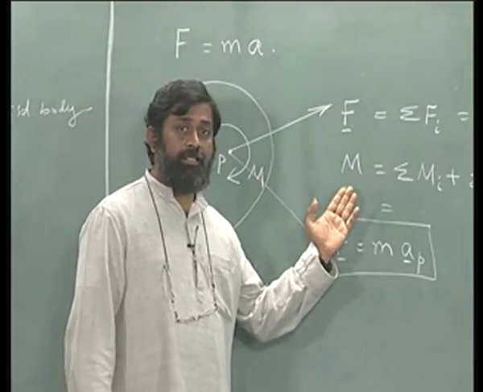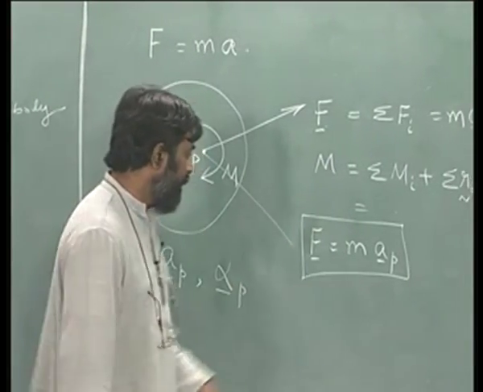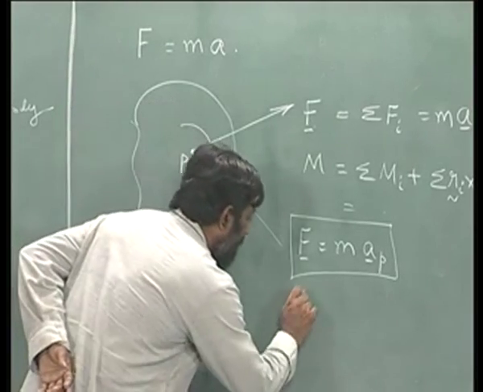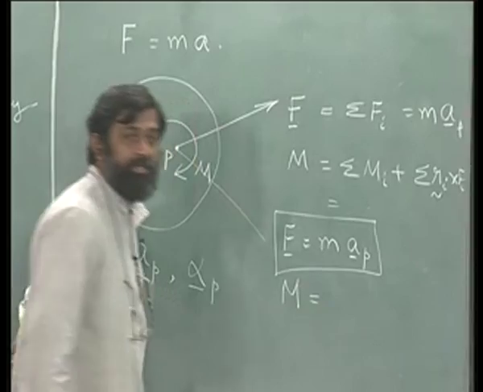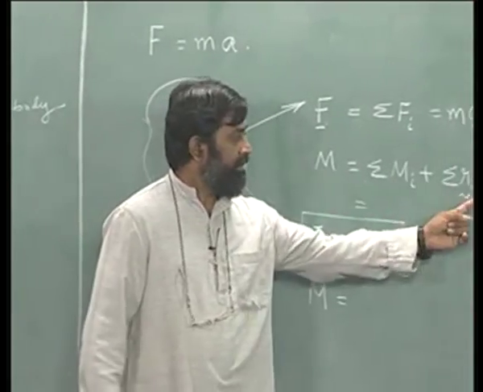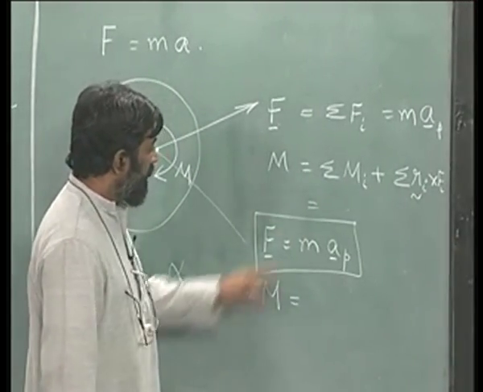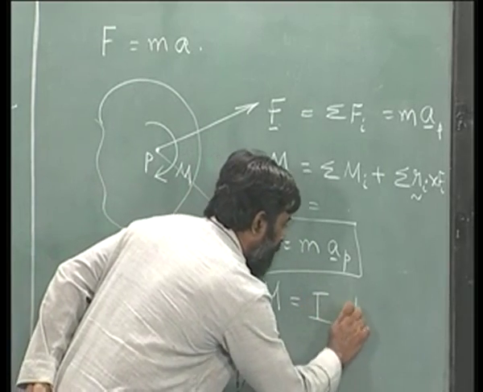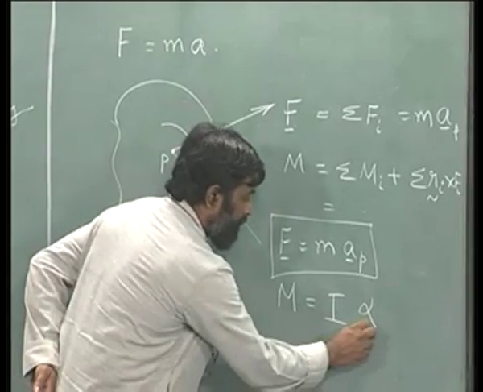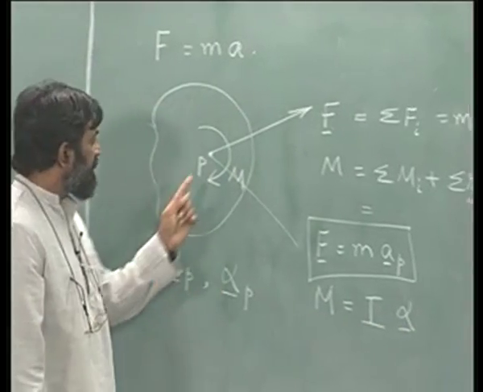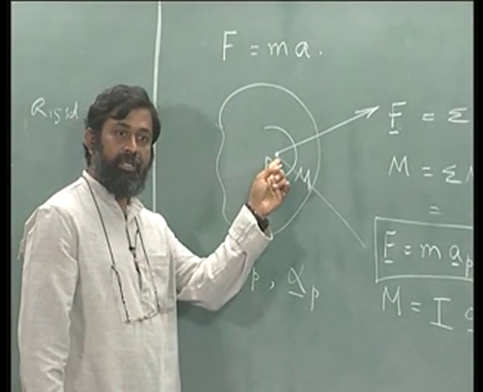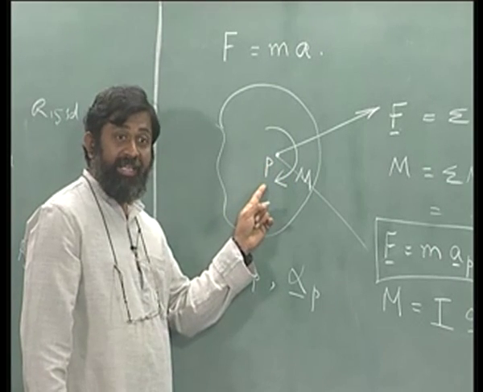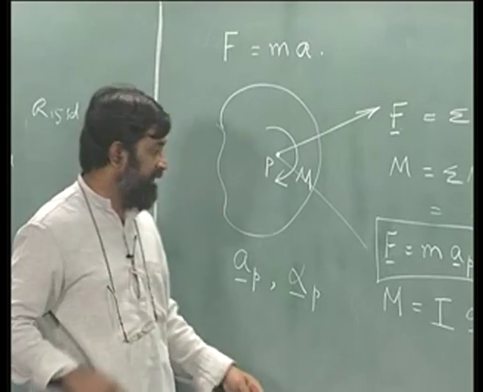The other is moment. What result do I get? Again a very simple result. M happens to be the same thing I can take, but the right hand side now will be I times alpha. And what is this I? I is the polar moment of inertia about P along the axis of alpha.